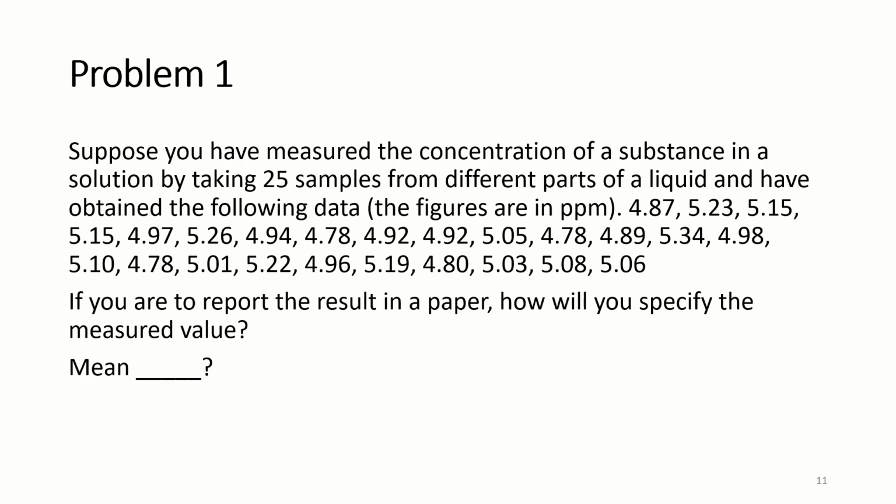If it is not kept for very long periods, it becomes kind of equilibrium, but even then there are quite differences. These are some of the values in ppm, parts per million, and we have to calculate the mean. Please write the numbers, we need them for the next questions also.